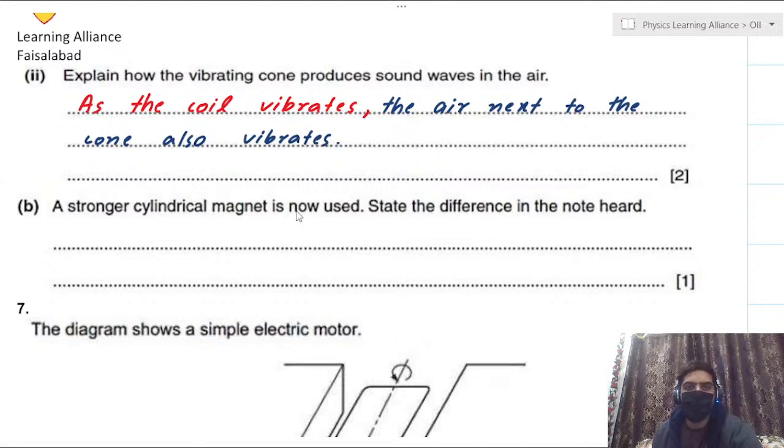All right, it also vibrates, and this vibration is passed on from one place to another in the form of a longitudinal wave.